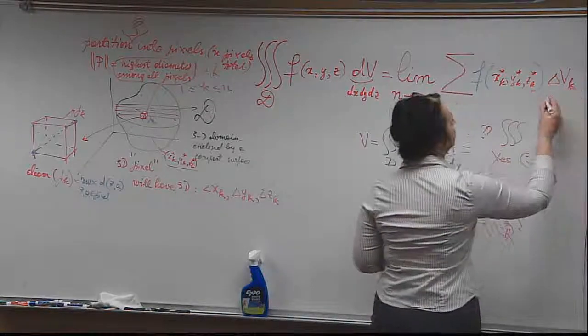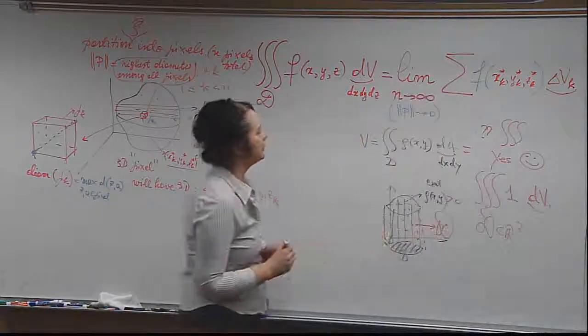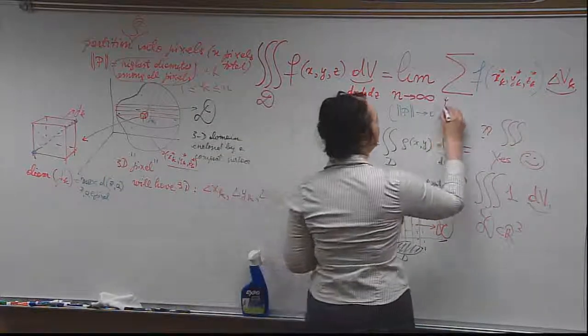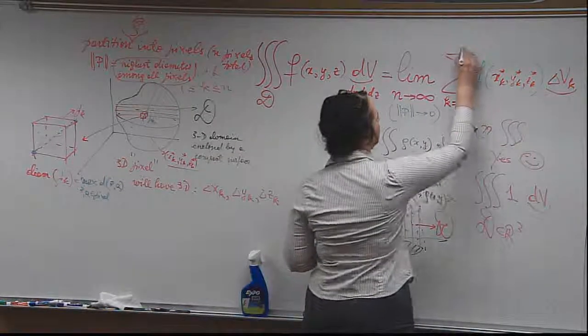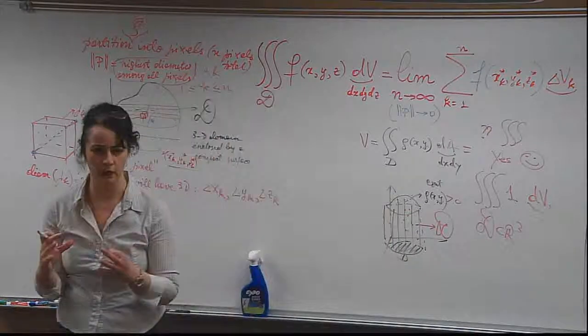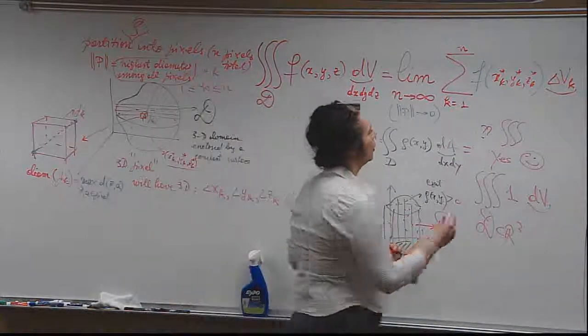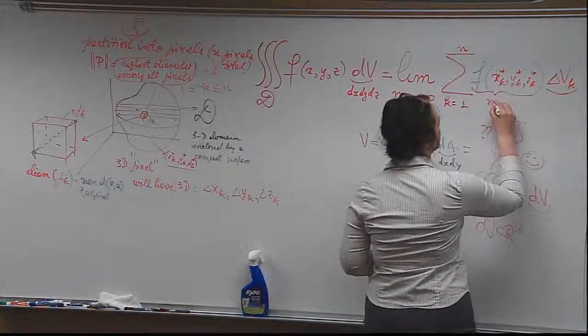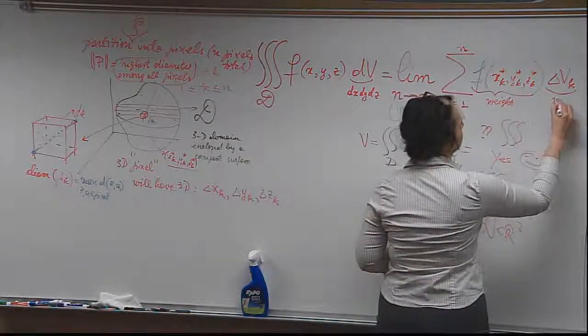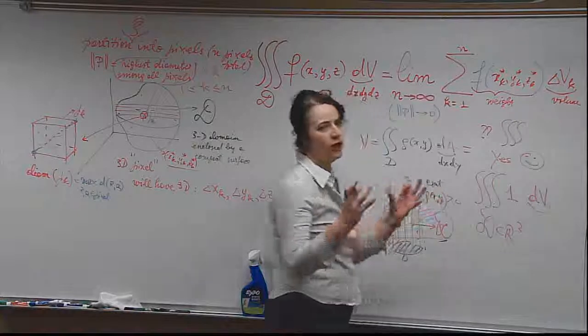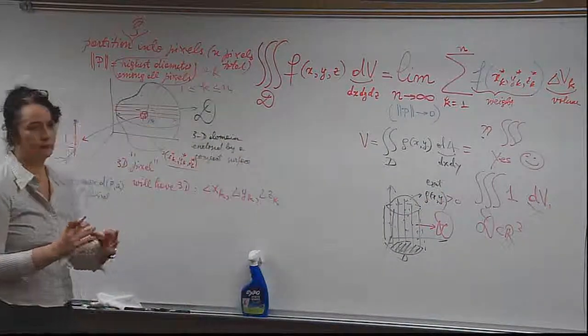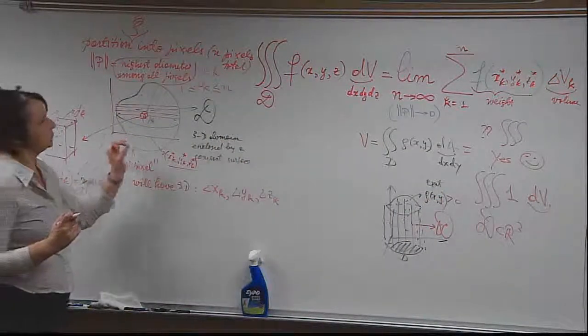Somebody tell me what this delta Vk will mean, because it really looks weird. And k will be from 1 to n. So what do you do? You sum up all these weighted volumes. This is a weight, and this is a volume. All these weighted volumes, we sum them up for all the pixels k from 1 to n.